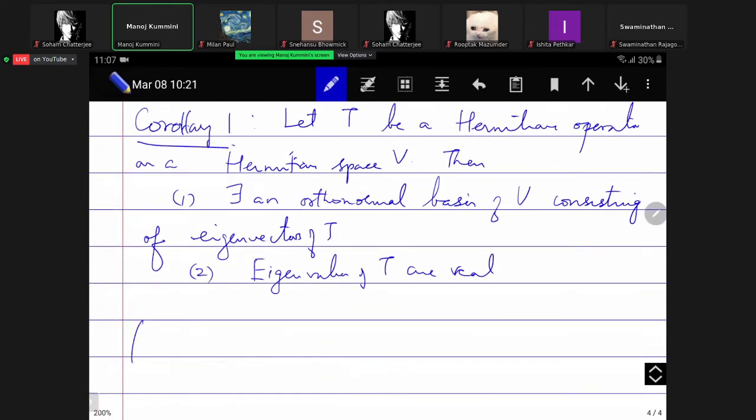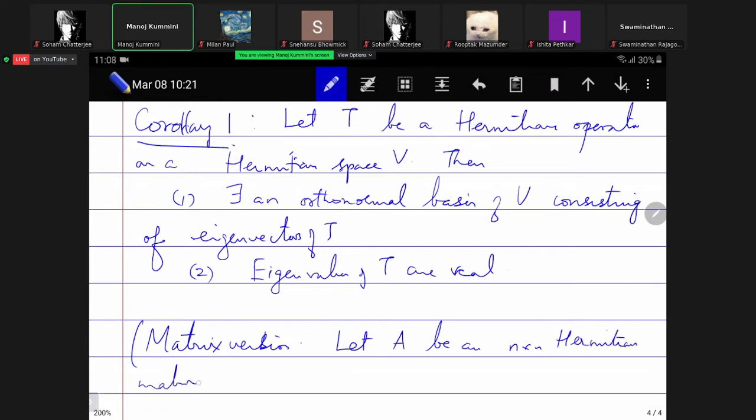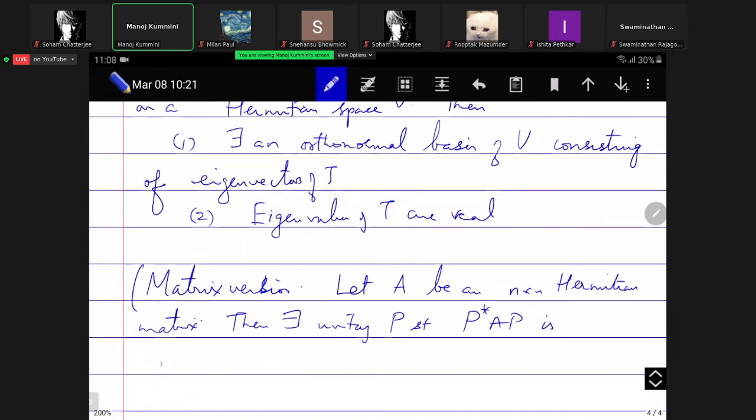So in matrix version, let A be an n by n Hermitian matrix. Then there exists a unitary P such that P star AP is a real diagonal matrix.